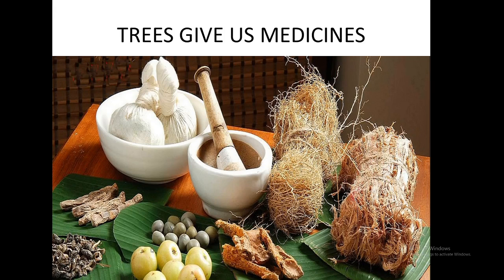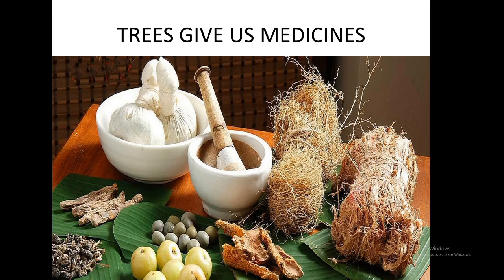See, from so many fruits and the bark of the trees and its seeds, then roots, from all the parts of the plants, some of them are very medicinal plants, right? So they give us so many medicines. First, we will take out these parts from the plants. Then we will dry them, grind them and use them. Some of the plants' leaves, we will take the extract directly from them and use it.